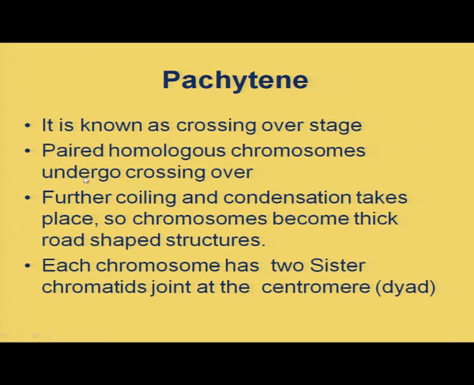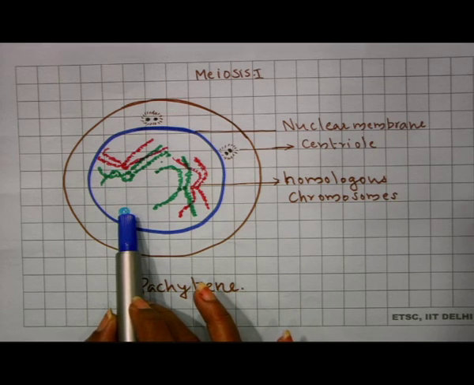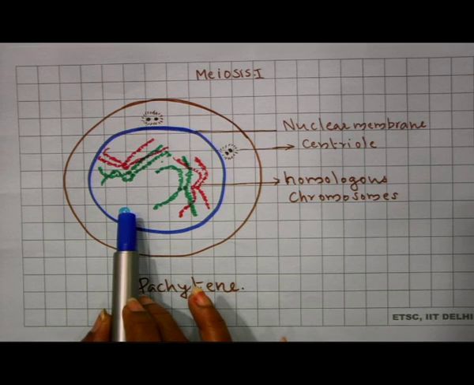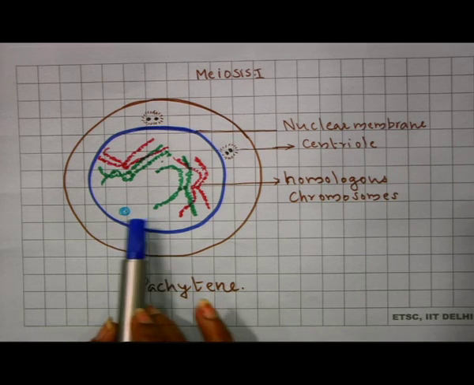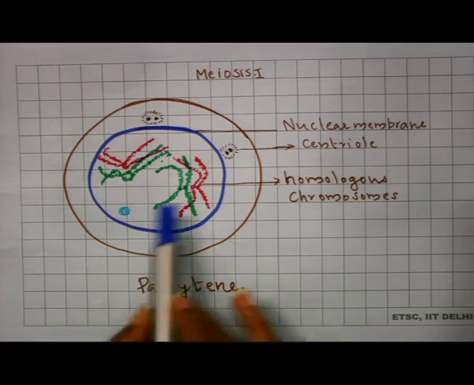Now coming to Pachytene stage. Pachytene stage is known as crossing over stage. See the diagram here. Again you can see clearly the changes taking place. Nucleolus is intact. It is present clear, and you can see it clearly.